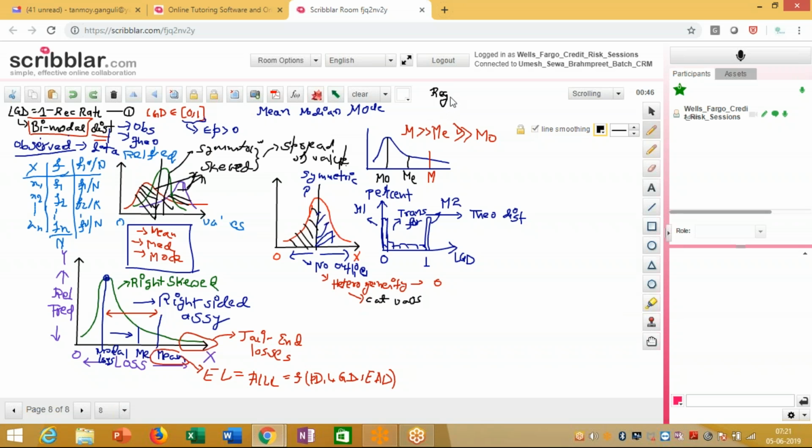Now, even though the family of the regression models is huge, just to start off with, one of the very simple ones that we have is simple regression.